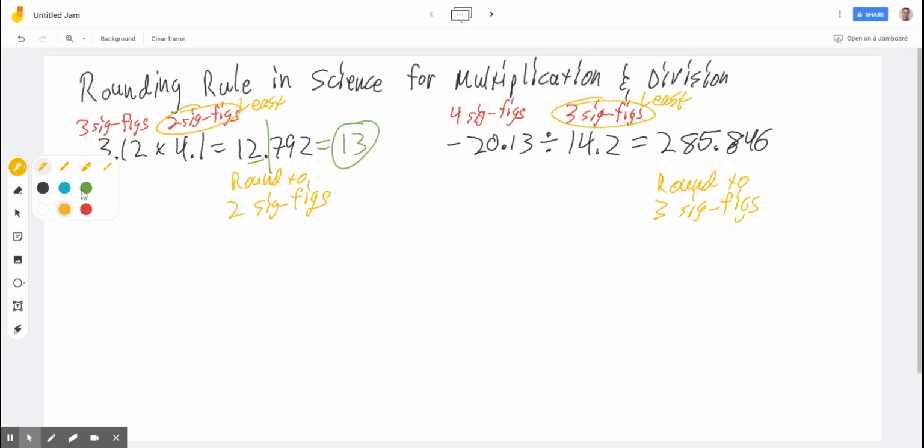That will mean we are going to round to the 5 spot, because 2, 8, and 5 are the first 3 sig figs of this number. And then we just look to the right of the vertical line, and that gives us 286 as our answer. And we are done.